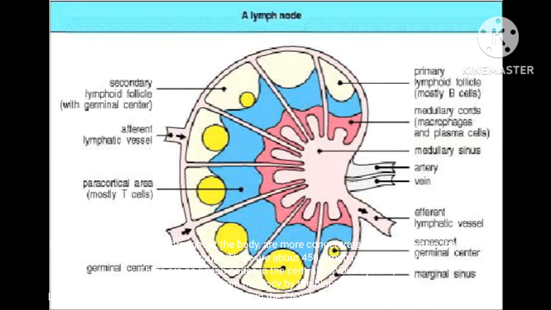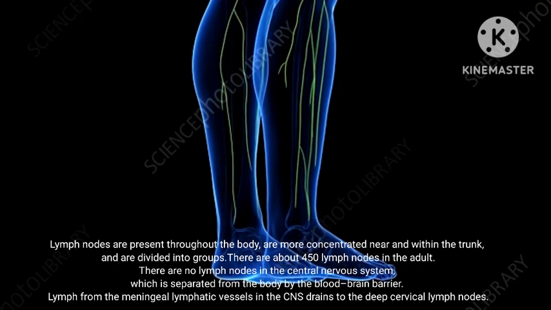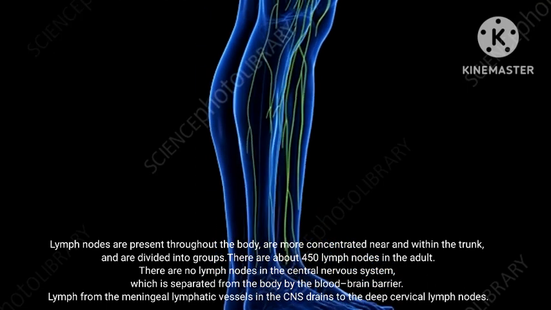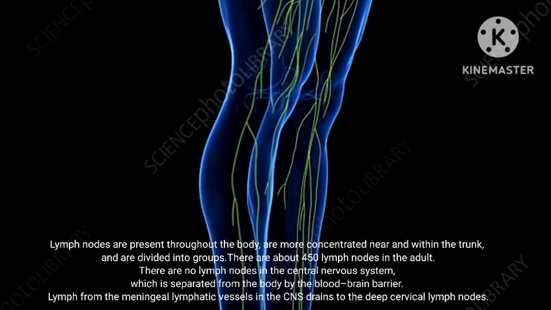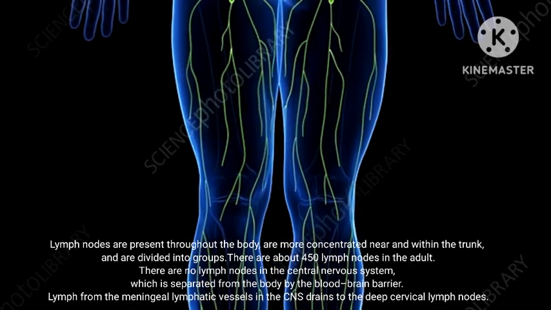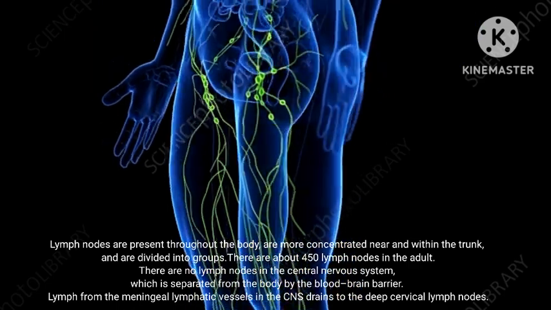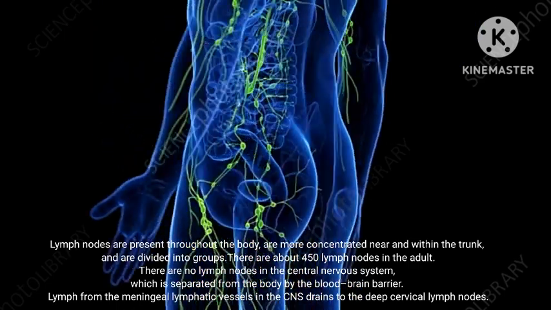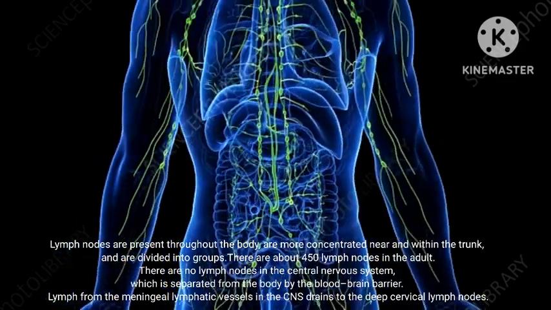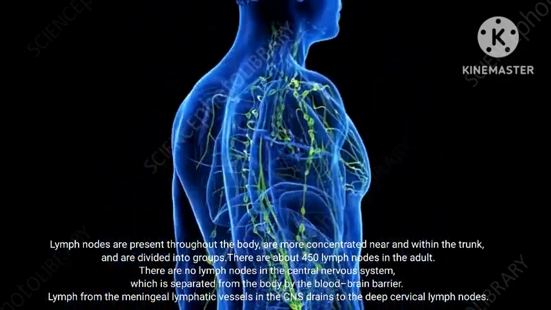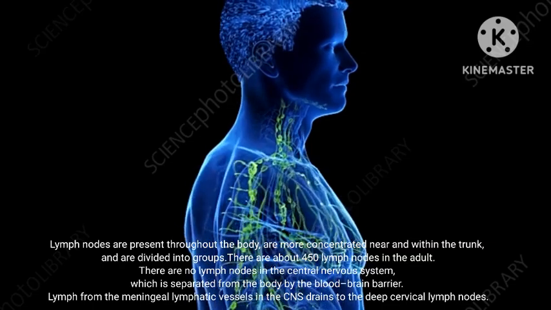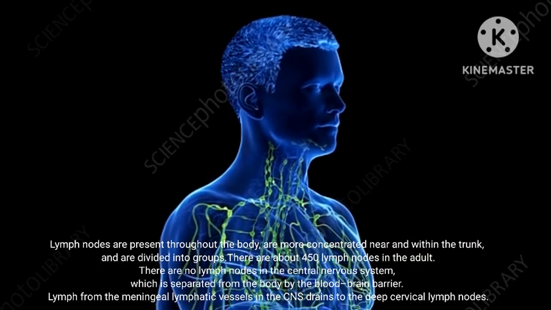Lymph nodes are present throughout the body, are more concentrated near and within the trunk, and are divided into groups. There are about 450 lymph nodes in the adult. There are no lymph nodes in the central nervous system, which is separated from the body by the blood-brain barrier. Lymph from the meningeal lymphatic vessels in the CNS drains to the deep cervical lymph nodes.